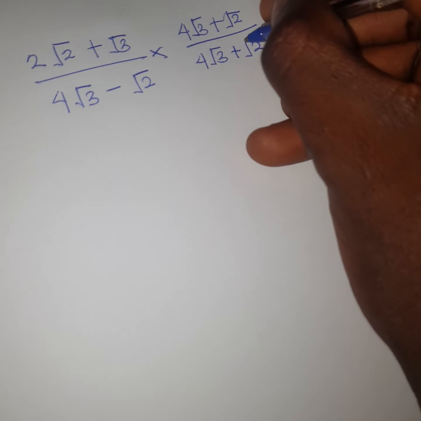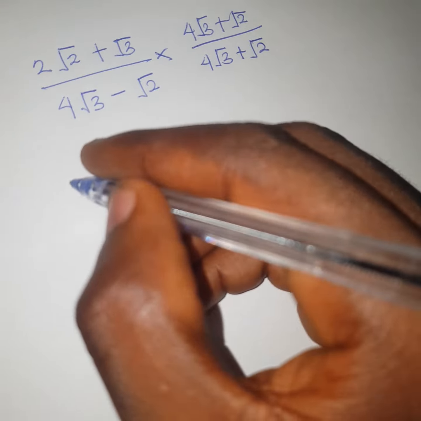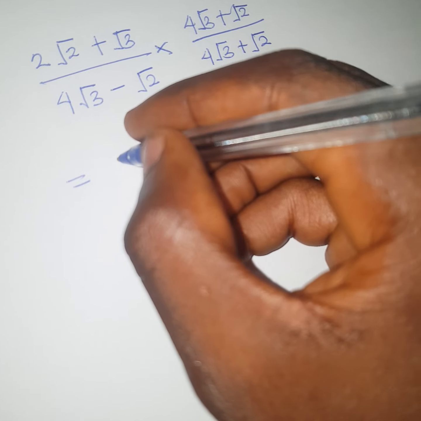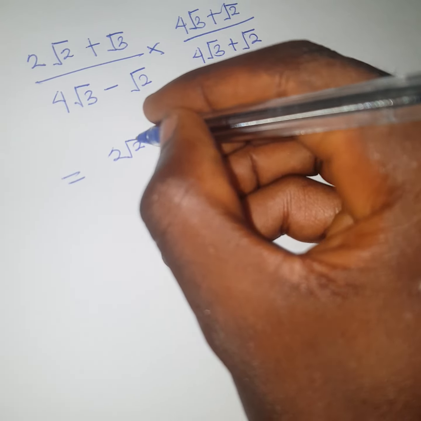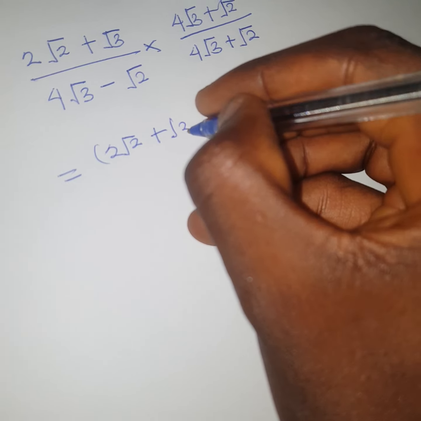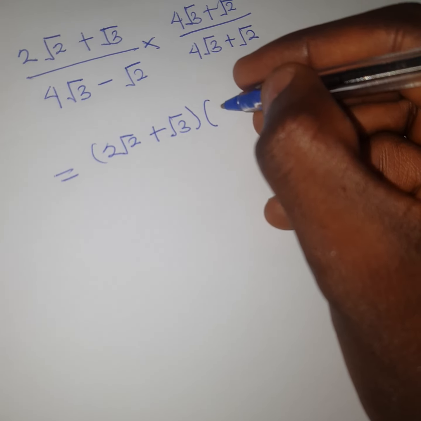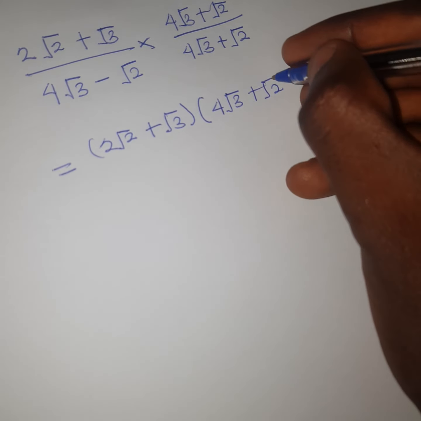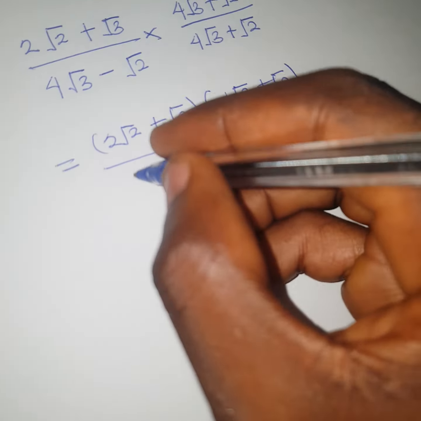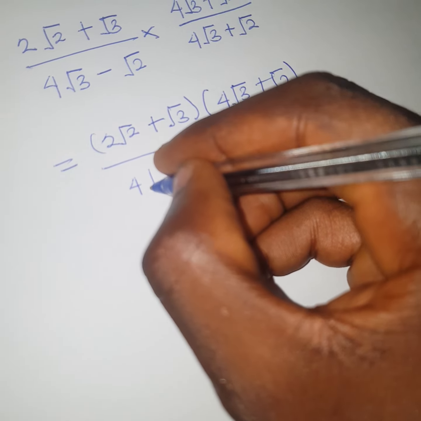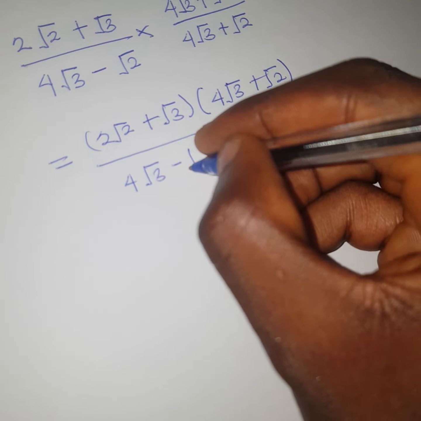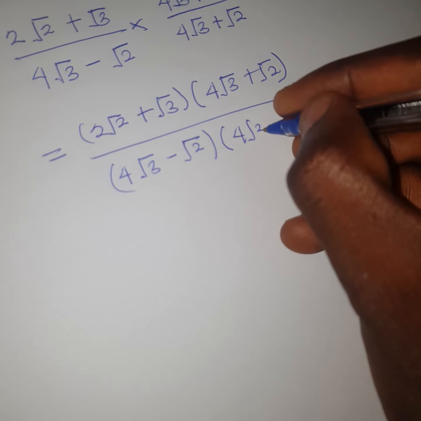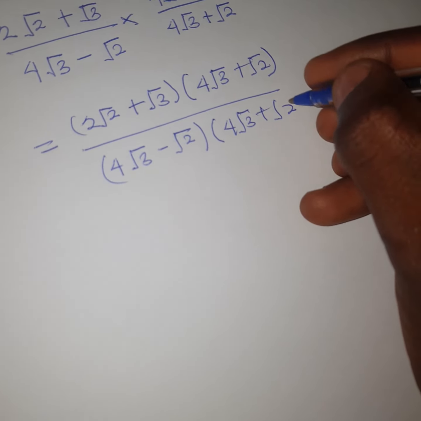And doing this algebra, you're going to get 2 root 2 plus root 3 multiplied by 4 root 3 plus root 2 all over 4 root 3 minus root 2 multiplied by 4 root 3 plus root 2.